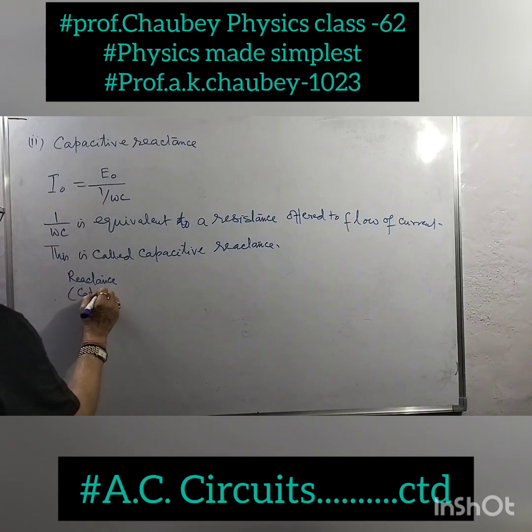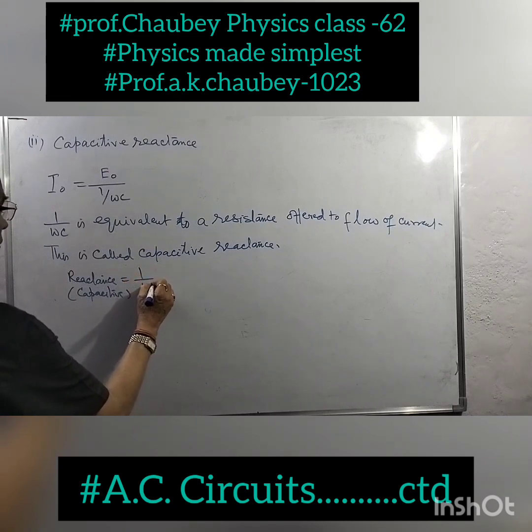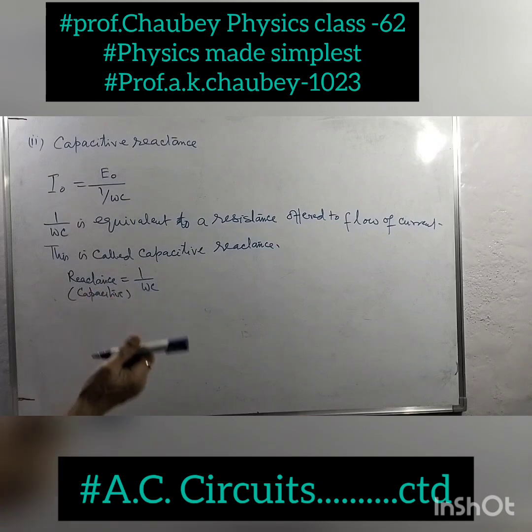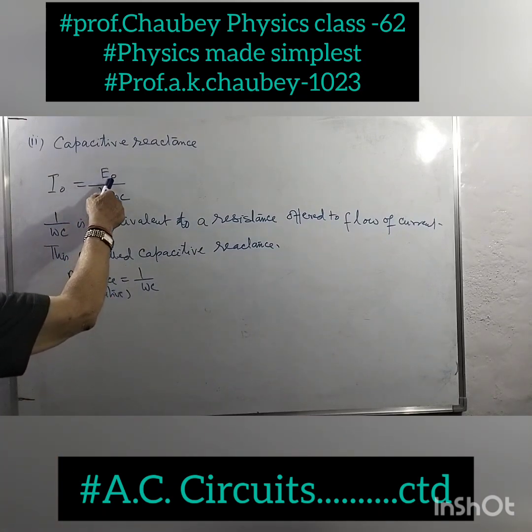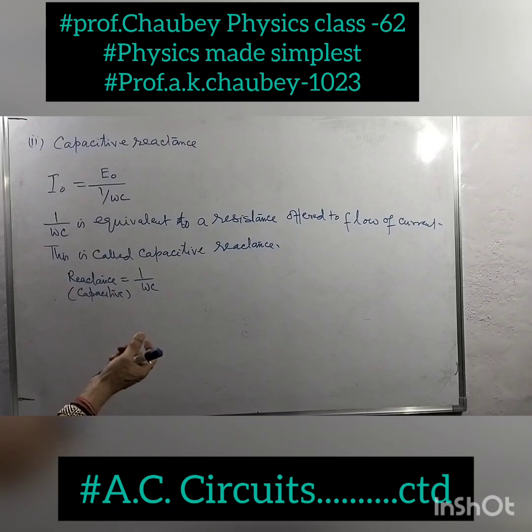In the case of capacitor, 1 over omega C behaves like a resistance in the resistance circuit. Means for the potential, it is just like resistance, means if 1 over omega C is more, current will be less. If 1 over omega C is less, current will be more. So 1 over omega C behaves like reactance.